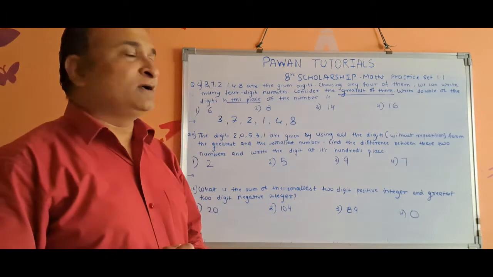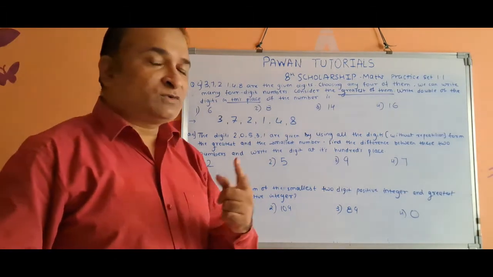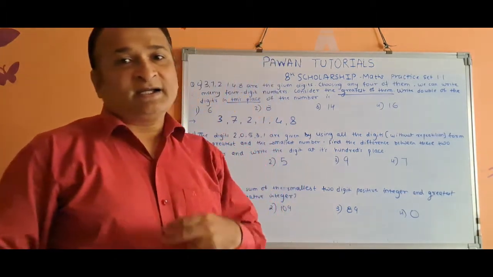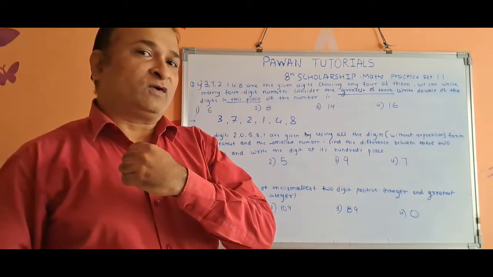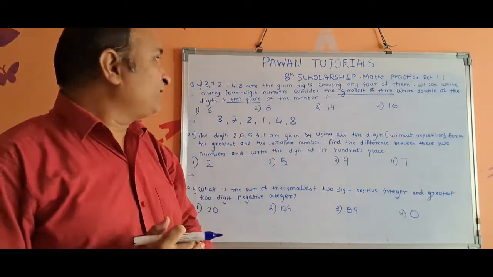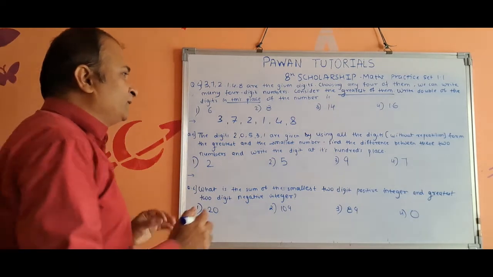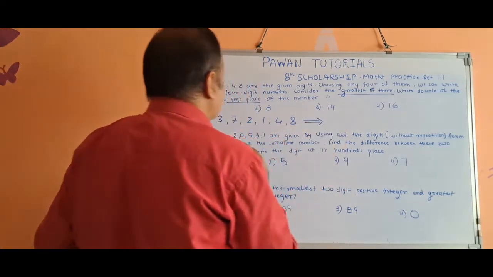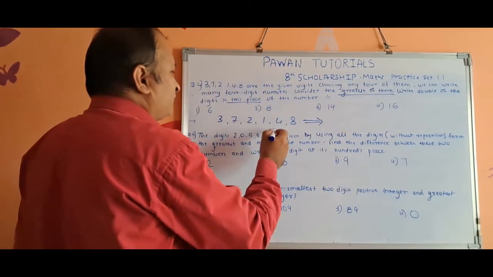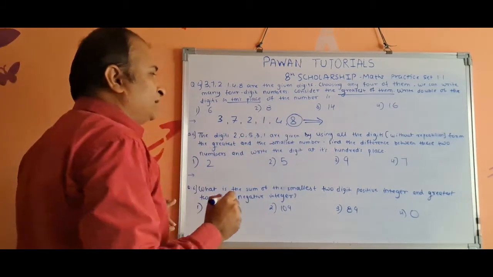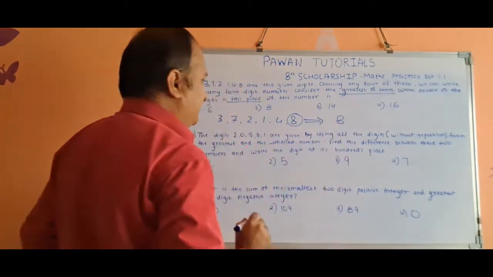Yes, descending order. So you will have to choose the greatest four numbers from the given set. Which is the greatest number? The first number is 8. So let us write 8.